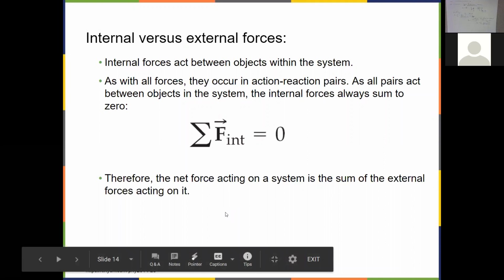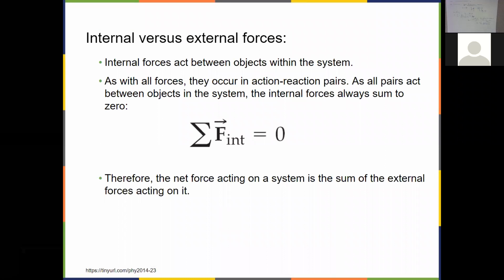Now, a lot of times we have more than one object in the system. If you have a system of multiple objects, then between objects, they might have internal forces between them. But if the external forces add up to be 0, then the internal forces, according to Newton's third law, any forces will come as a pair.